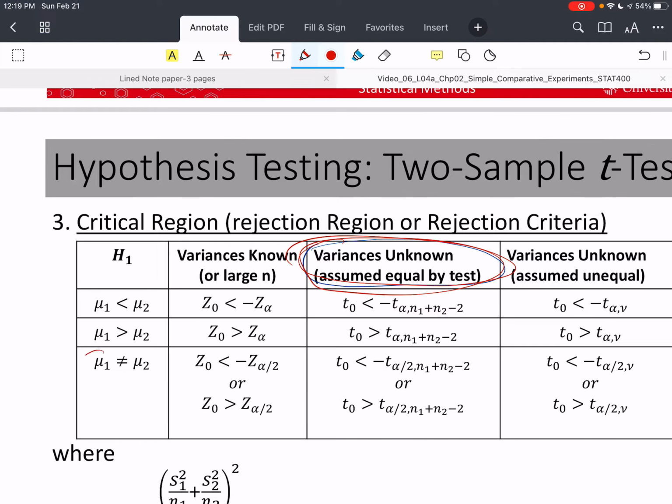And I'm using the alternative not equal to, which we will use a lot. So we have this as our critical region. So T naught less than negative T sub alpha over 2, n1 plus n2 minus 2, or T naught is greater than the positive of that same value. Now in our t-table we can only look up the positive. It only has the positives, so be very careful here.